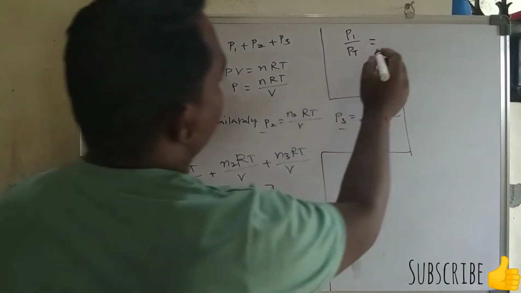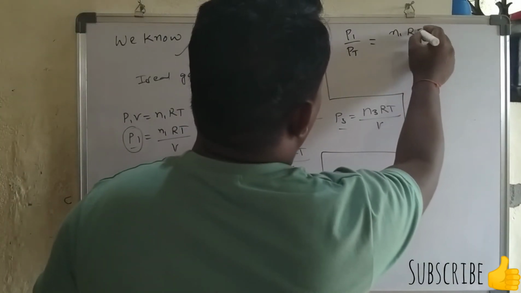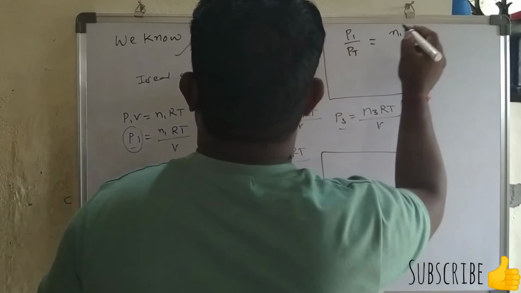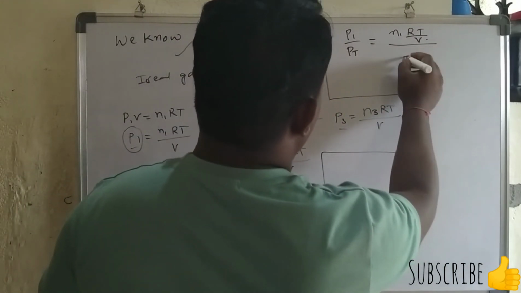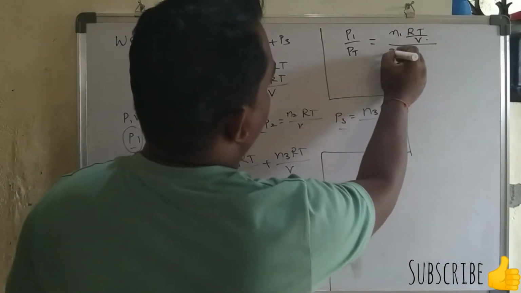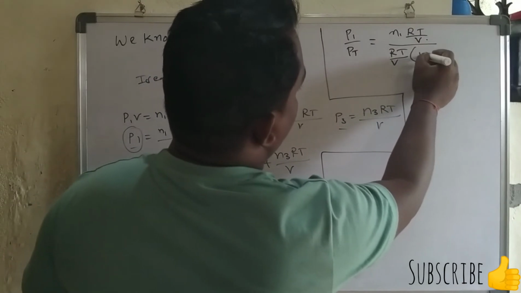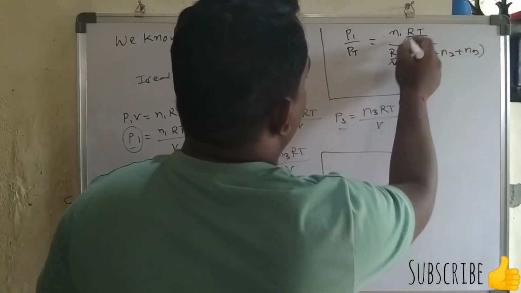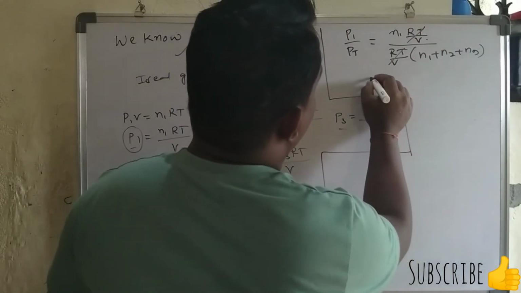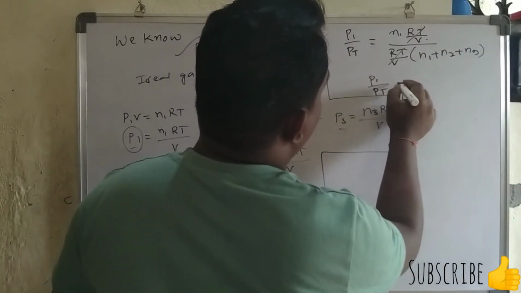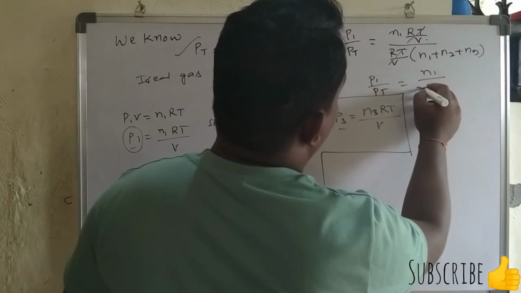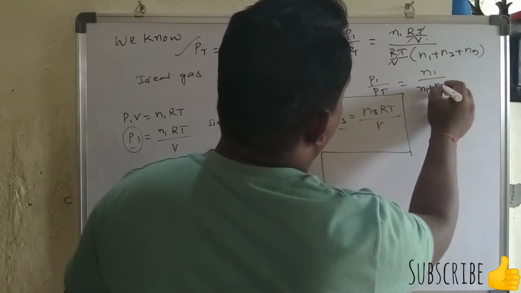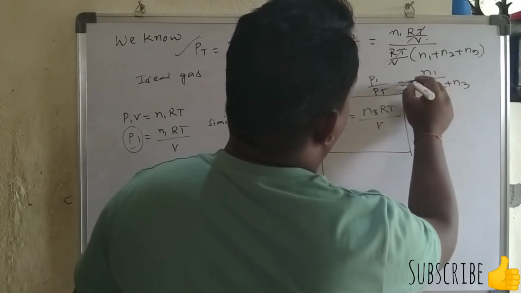P1 is nothing but N1RT by V divided by RT by V into N1 plus N2 plus N3. RT by V cancels, then P1 by Pt is equal to N1 by N1 plus N2 plus N3, right.